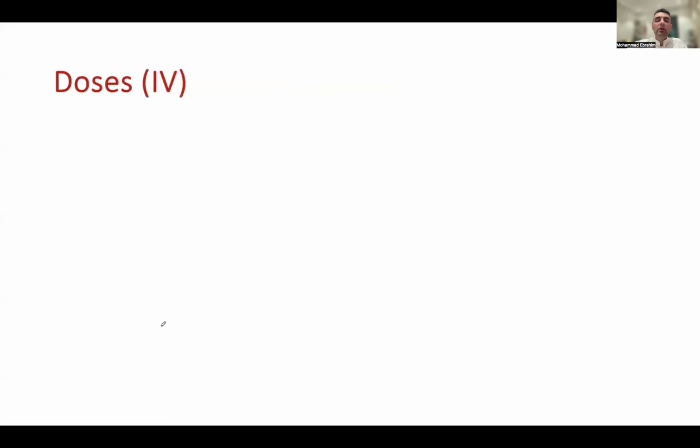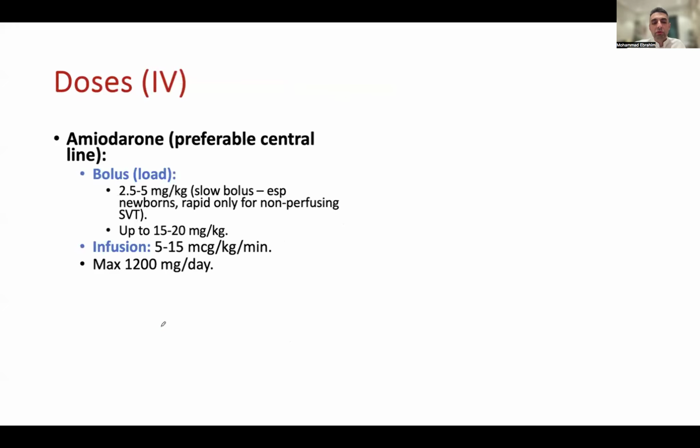So we talked about amiodarone. This is what I typically do, though people do it differently. If I want to bolus, I try to avoid bolusing in newborns, especially preemies. There is a risk of cardiovascular collapse with bolusing a newborn, especially a preemie.